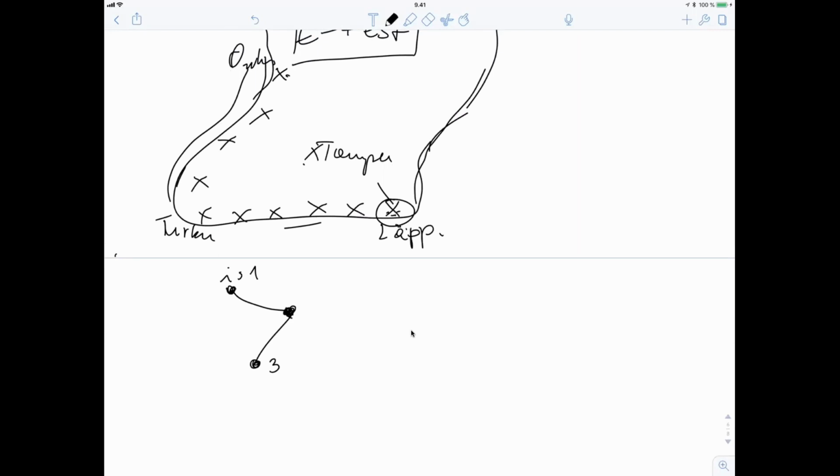One way would be to count paths or to somehow count the direct links between those two nodes. So there are very intuitive ways to measure connectivity.